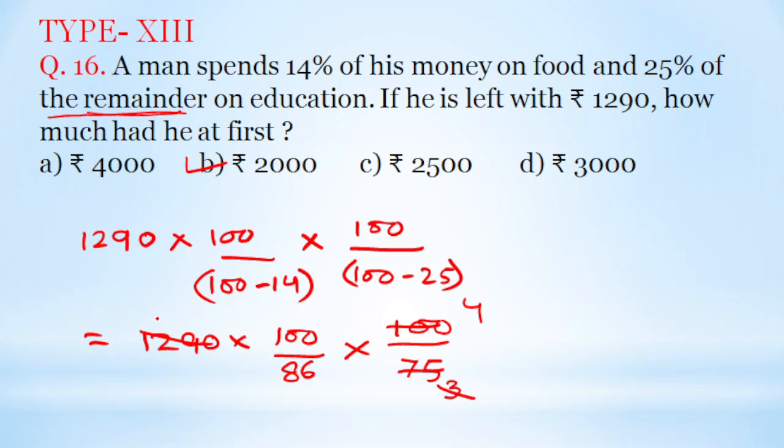When 1290 is cancelled by 3, it becomes 430. Again, when 430 is divided by 86, it becomes 5. Now 5 into 100 into 4, so that is equal to 2000. That means option B is the right answer.